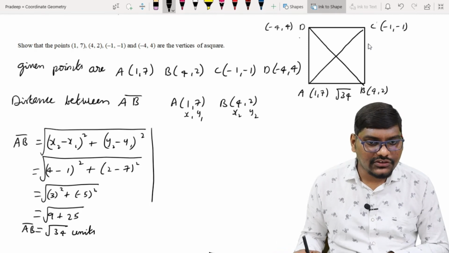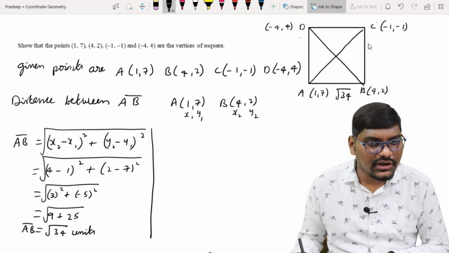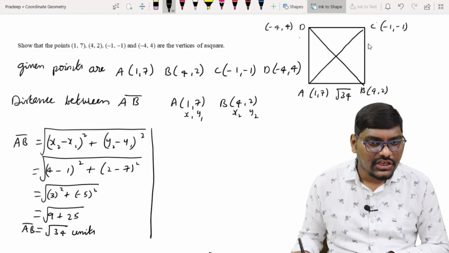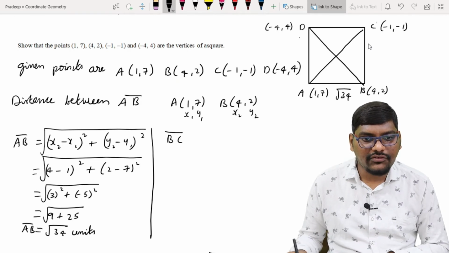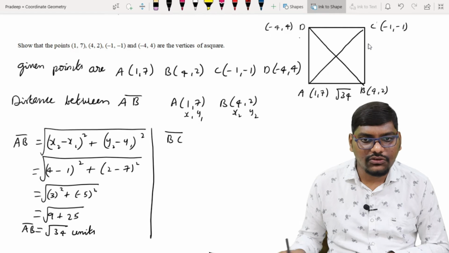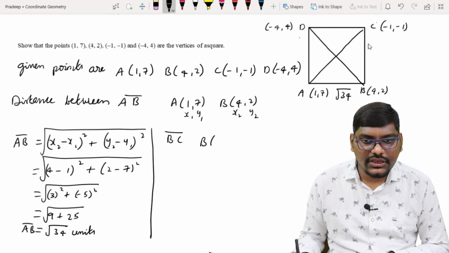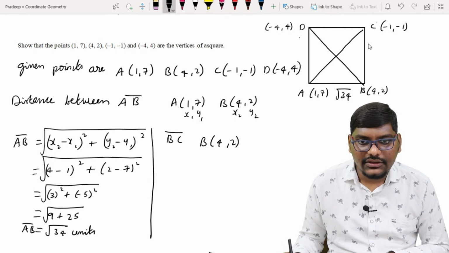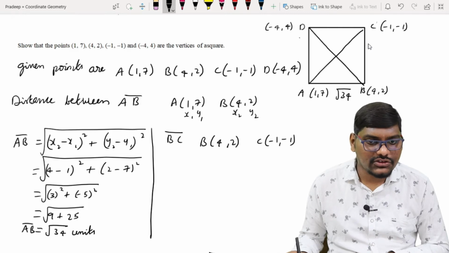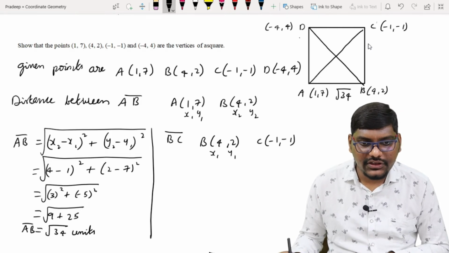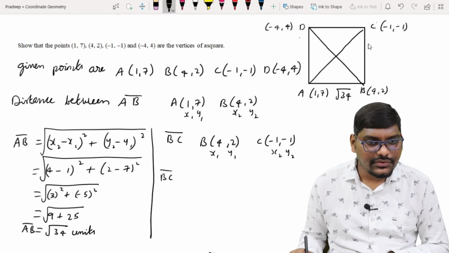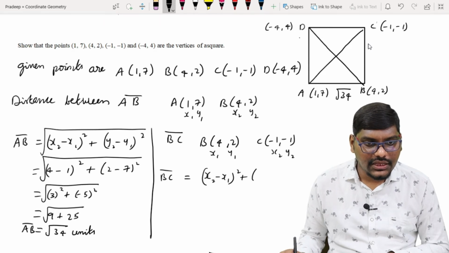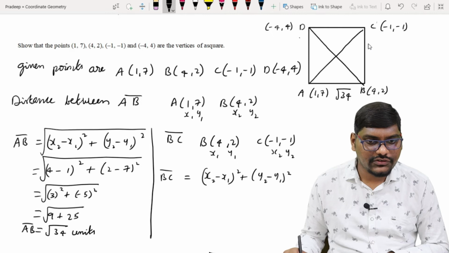So let's find the next distance. We already have the distance of A and B, so now we'll go for BC. B is (4, 2) and C is (-1, -1). So this is x1, y1, x2, y2. BC is the square root of (x2 minus x1) whole square plus (y2 minus y1) whole square.